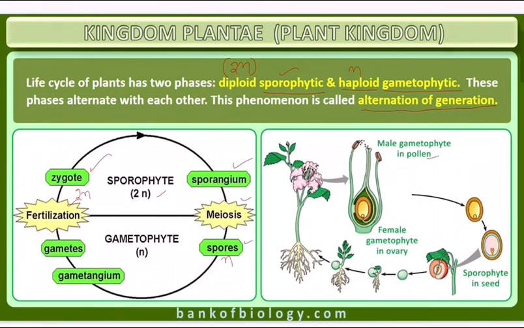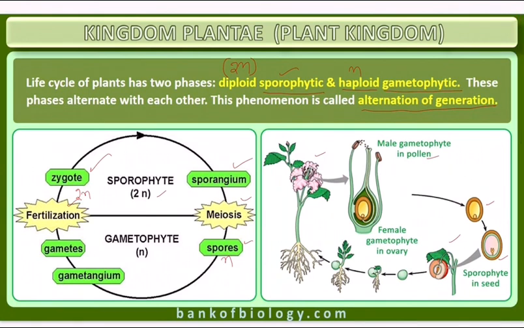Here we can see a specific example. You can see the male gametophyte in the pollen, and the sporophyte in the seed. You can see the seed gets germinated, and then the germination of the seed and formation of the adult plant.